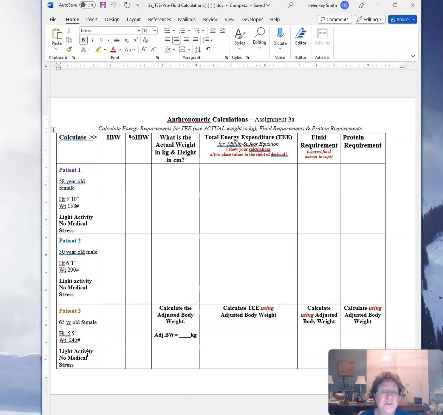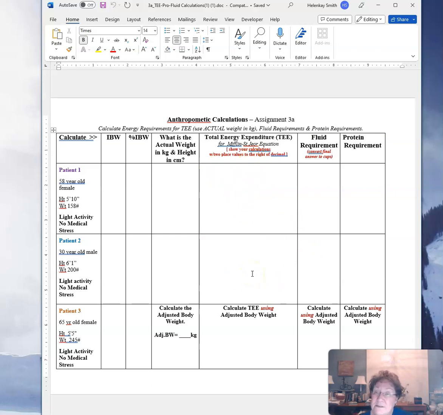Okay, so this week you're going to complete the entire anthropometric calculations table, and you pick up in the TEE column. So you want to be sure that your final answer is total energy expenditure, not BEE. All right. And I am going to encourage you to show your calculations in these little blocks.